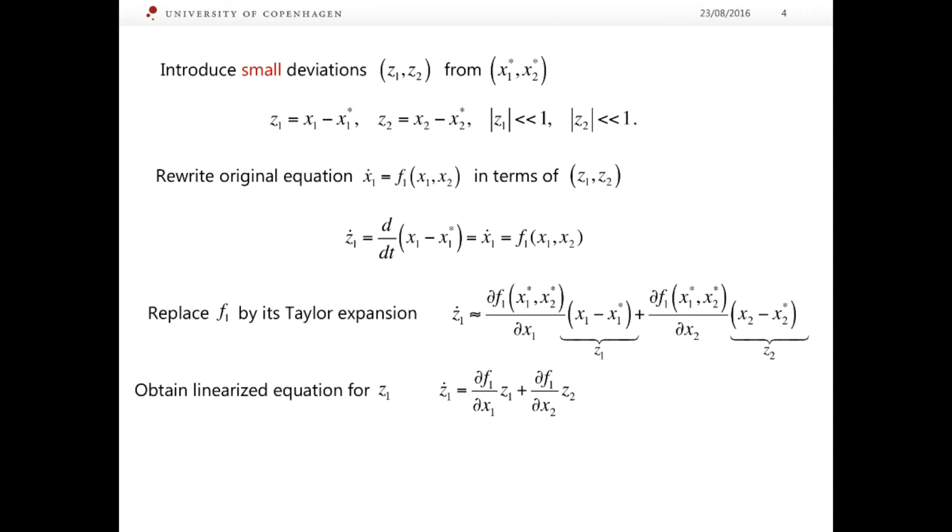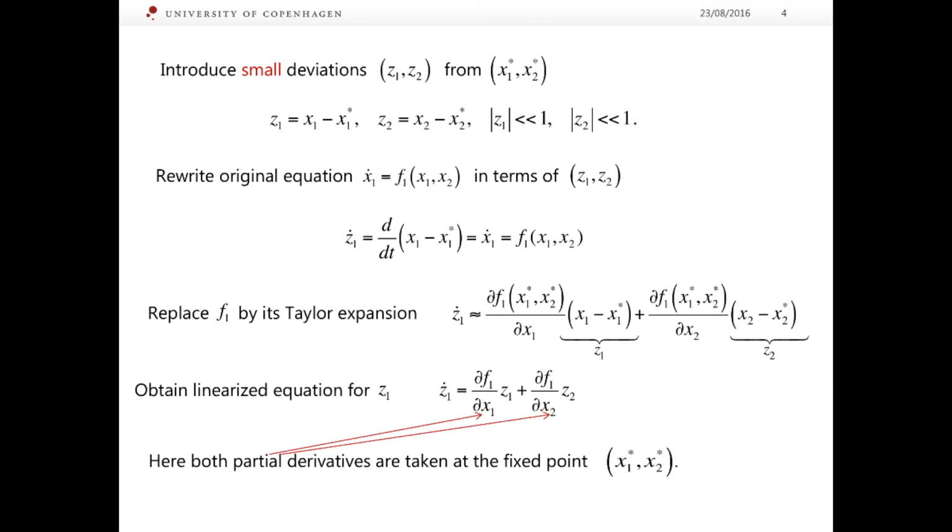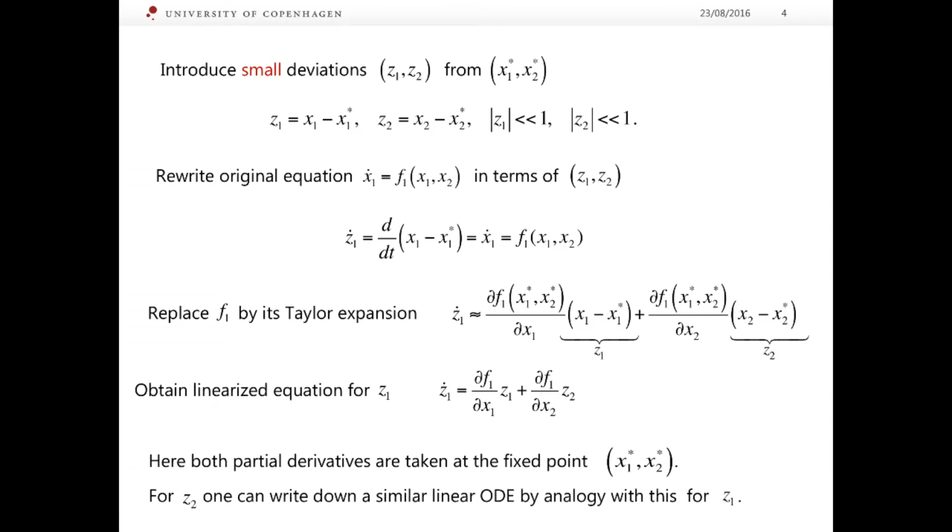Finally, we obtain the linearized equation for the first component of the small deviation from the fixed point, z1. In this equation, both partial derivatives are taken at the fixed point, and we can obtain a very similar expression for the second component of the phase velocity, z2.